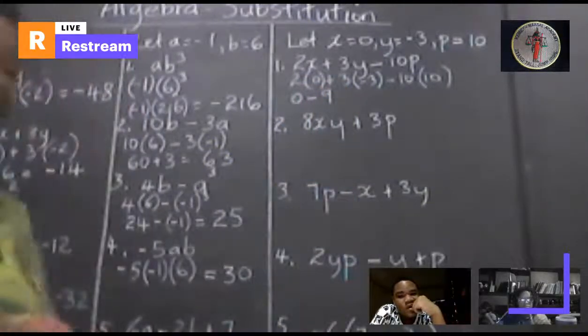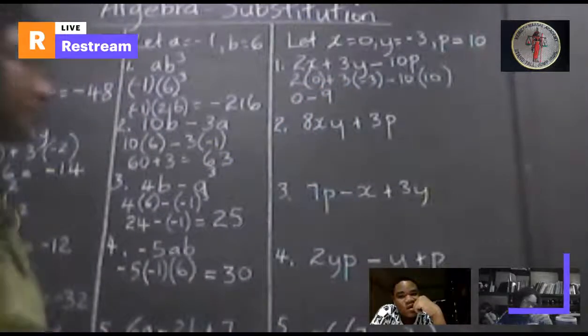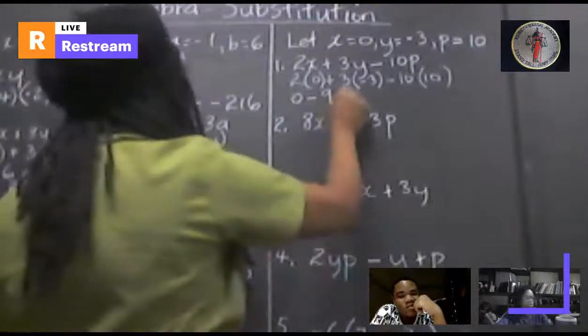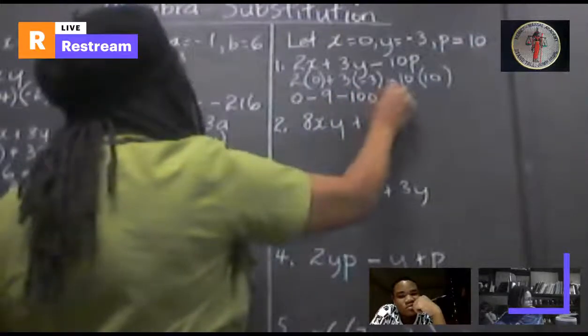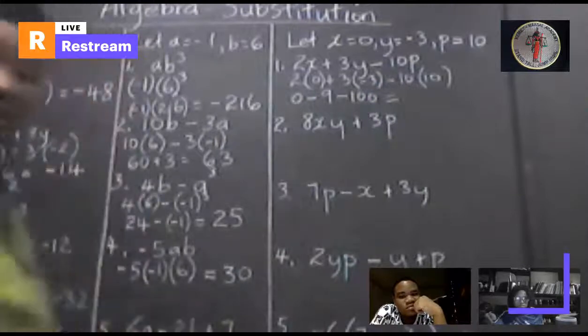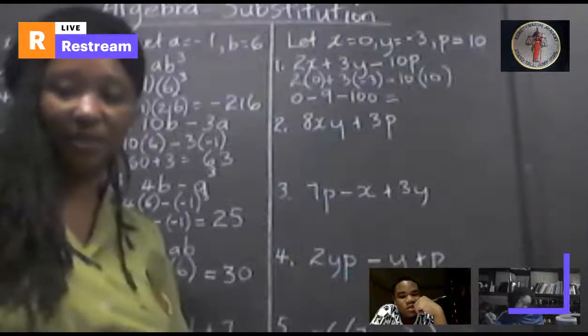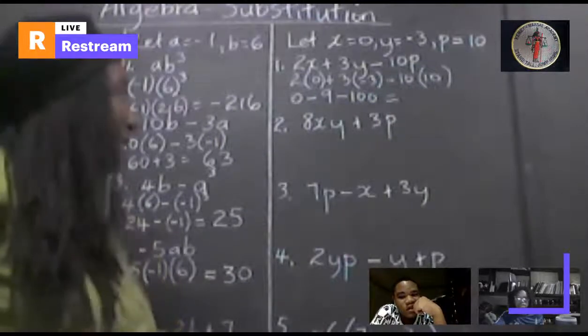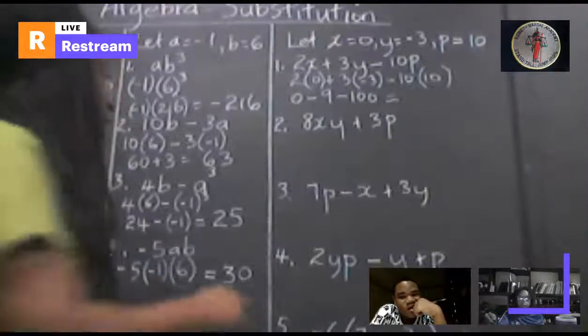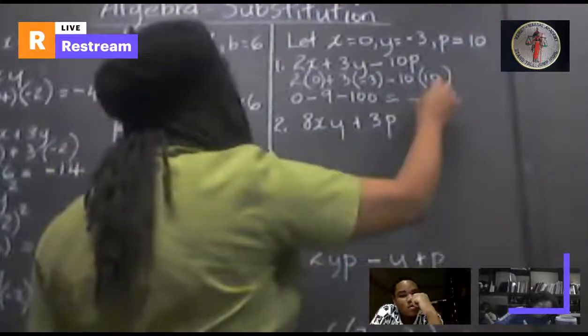And negative 10 times 10 is negative 100. All right. So what is 0 minus 9 minus 100? Negative 109.